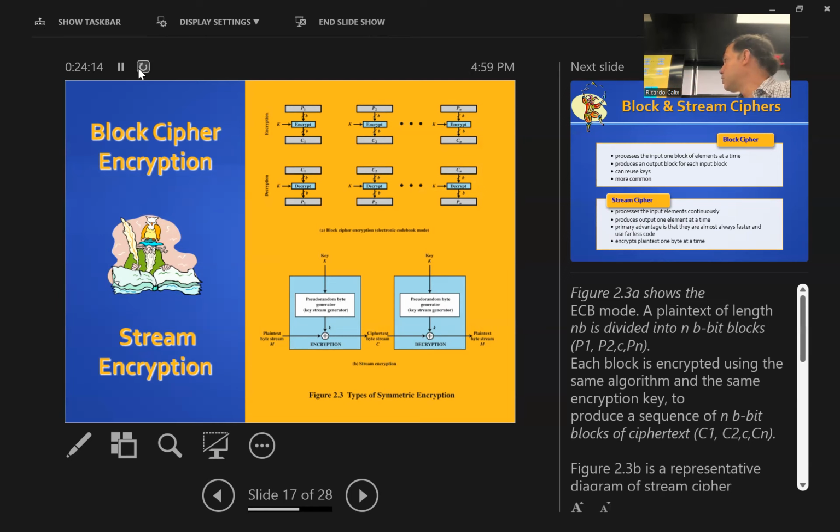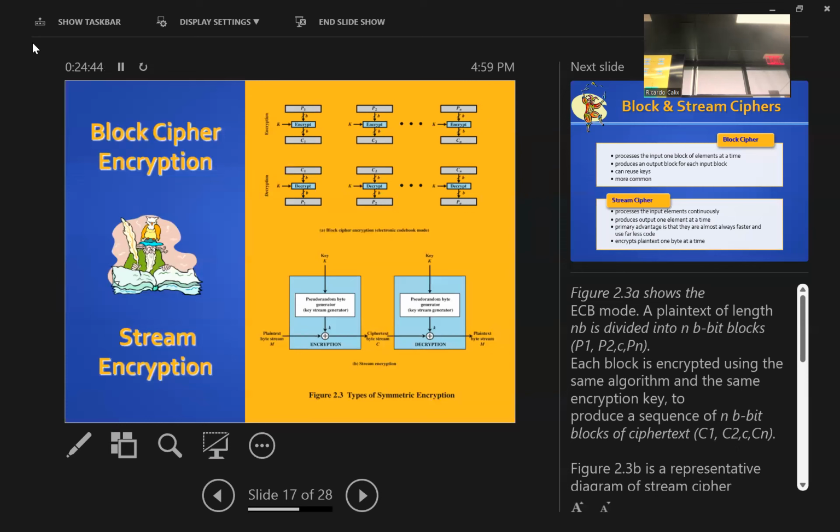So the way that this works is you can look at plain text here, which is plain text M, and that's the message. Could be a movie, could be a book, could be 3 pages, whatever it is. And you can think of that as bytes. So you just take the first byte of that sequence, and that first byte of the sequence goes into here, right? The XOR operation.